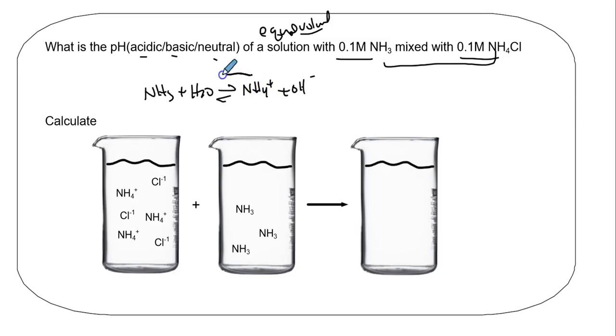This one is driving this way to produce H plus ions. This one is driving this way to produce OH negative ions. Because they're equal concentrations, equal volumes, and because this one has a larger Kb, as you saw in the previous slide, this one wins, and the reaction will be basic, hands down.